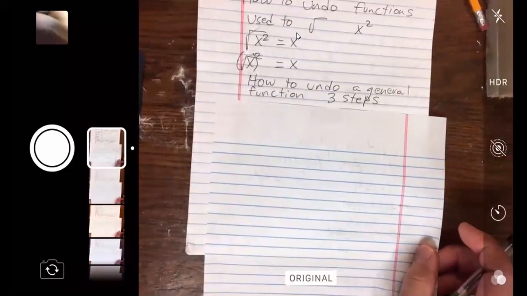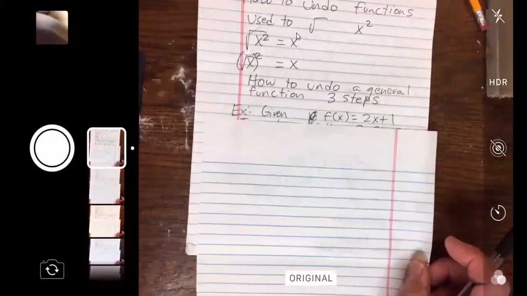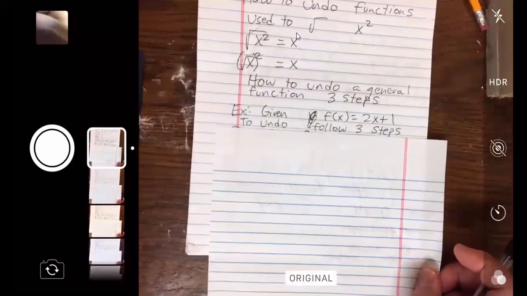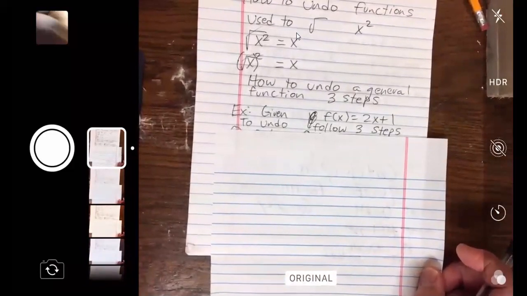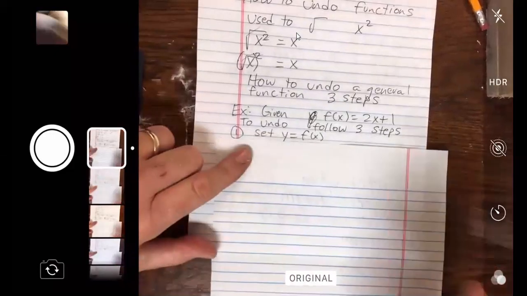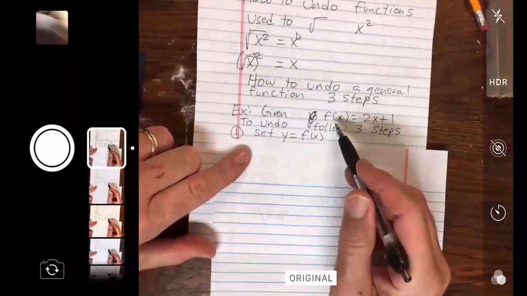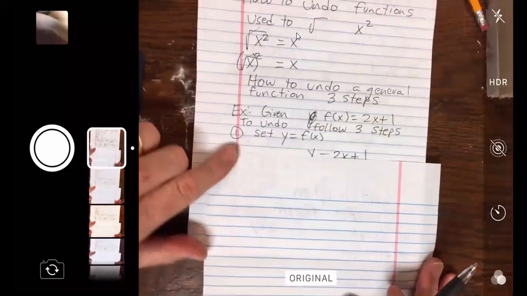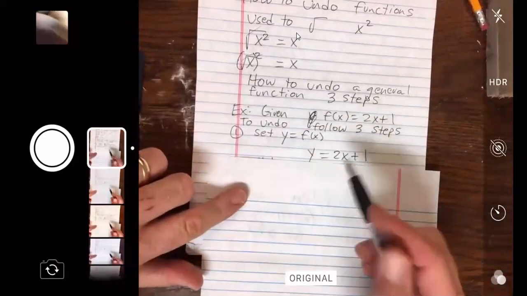If you took high school algebra 2, you may have seen this. I just picked an example, 2x plus 1. So to undo it, you follow 3 steps. Step 1, you put in a y where the f of x is. It's easier to work with y rather than f of x. So we're going to call it y equals 2x plus 1.